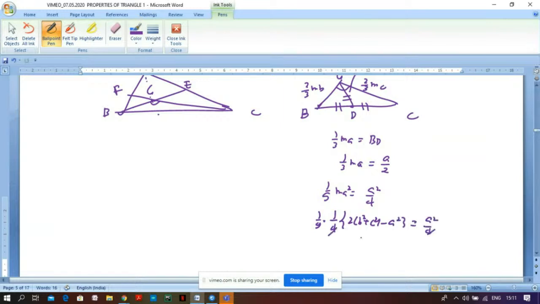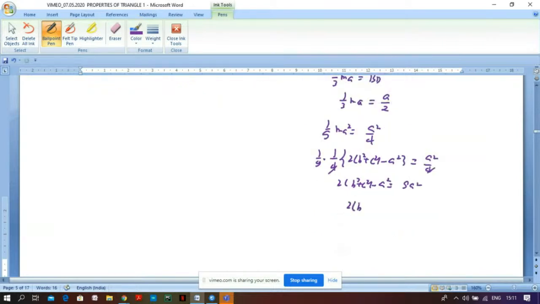That 4 cancels. You are left with 2 times B squared plus C squared minus A squared is 9A squared. Bring that A squared to the other side. 2 times this is 10A squared. And so B squared plus C squared equal to 5A squared. And thus we are done. This is a much more satisfying method. And so by this method also we got that B squared plus C squared is 5 times A squared.